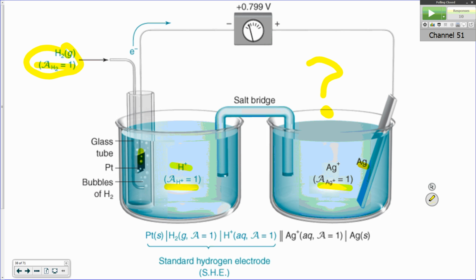And I measure a potential, and that potential is the potential for the silver cation electrode at 1 molar, because the value for the SHE electrode is what we default to the value of 0. So we said E of cell was E cathode plus E anode. If we say this is the cathode and the anode's 0, then E of cell equals E cathode.